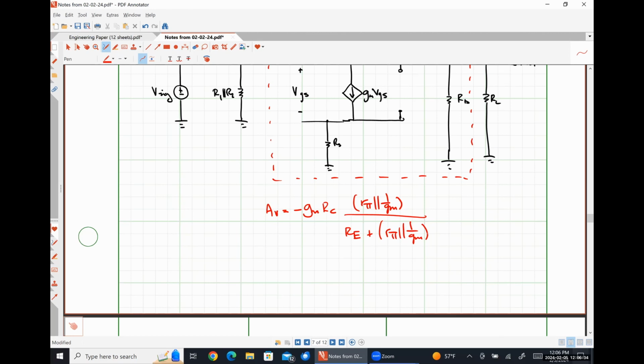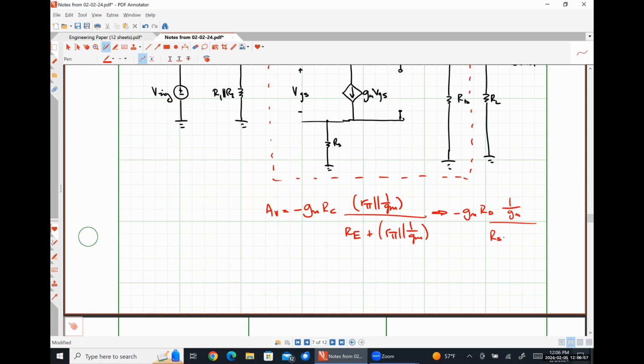That's what we had. Now, this is going to look like negative gm. So where we had RC, we now have RD. Where we had rπ in parallel with 1 over gm, we just have 1 over gm.